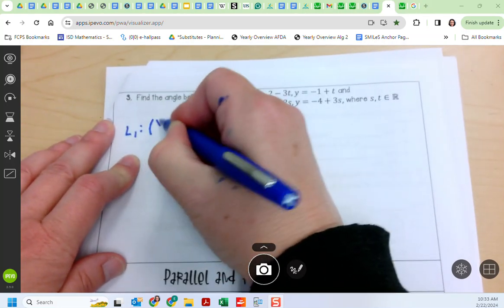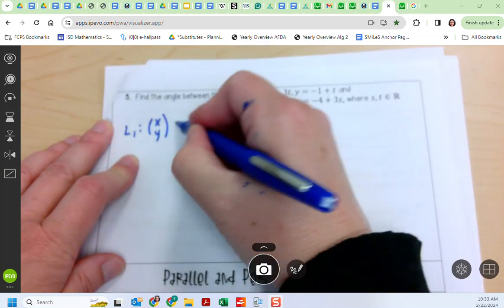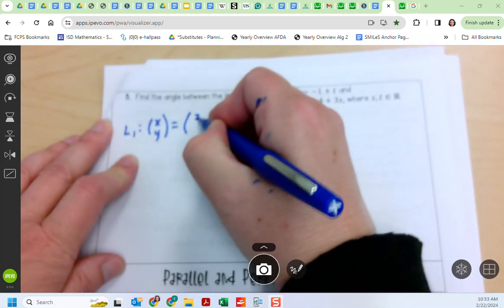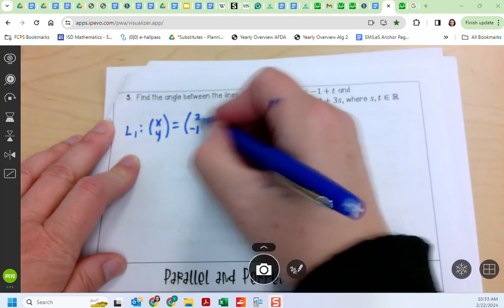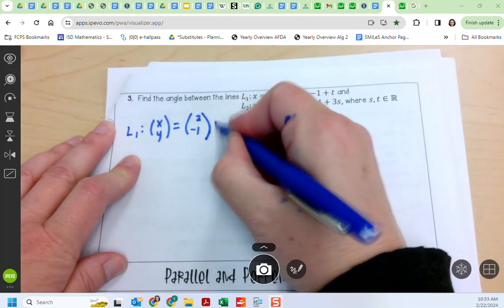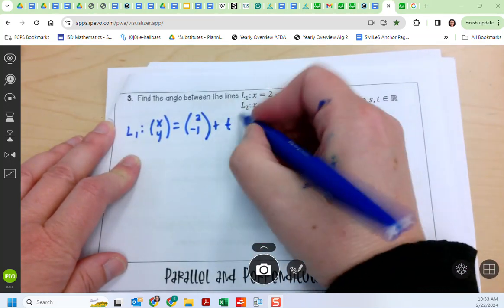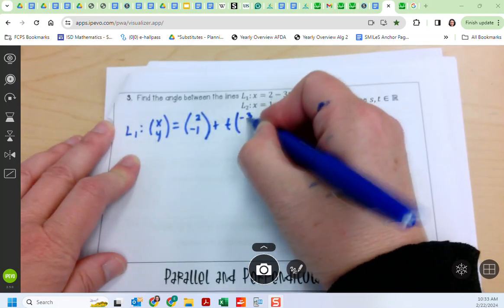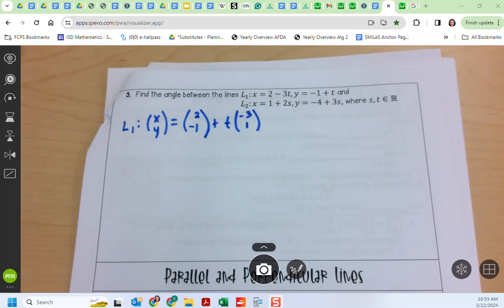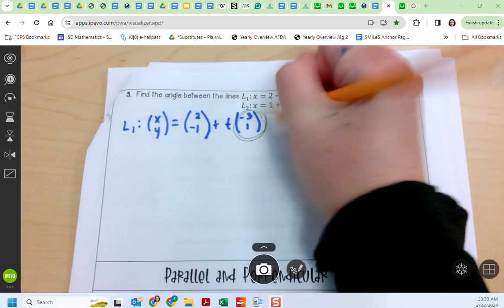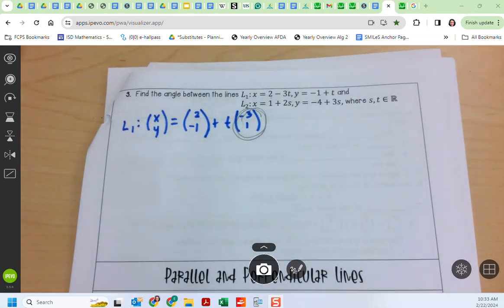So I have x, y is equal to 2, -1, plus t, -3, 1. Okay, so I wrote that as a vector equation because what I want to do is pull out this direction vector. That's the part that I need to find that angle.